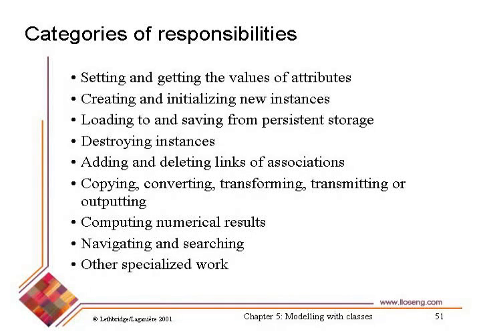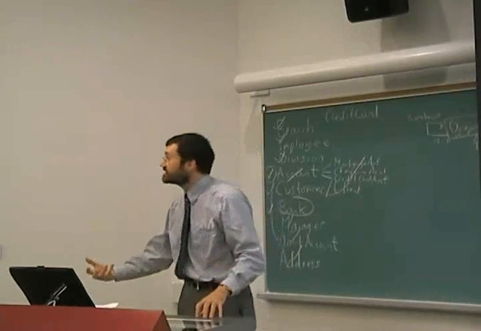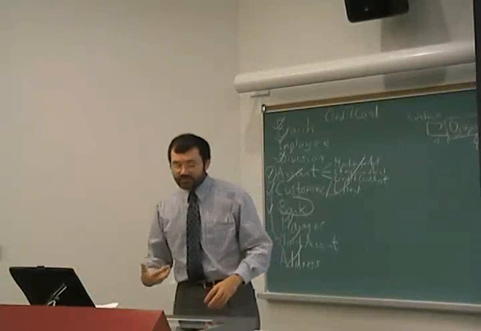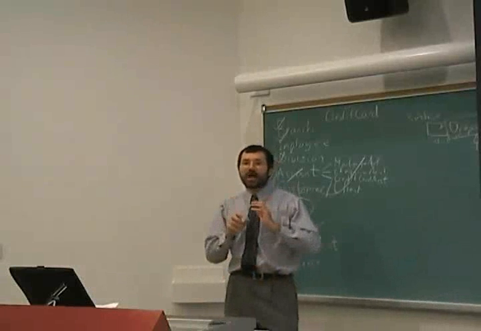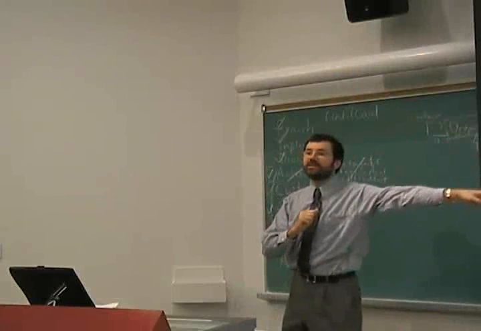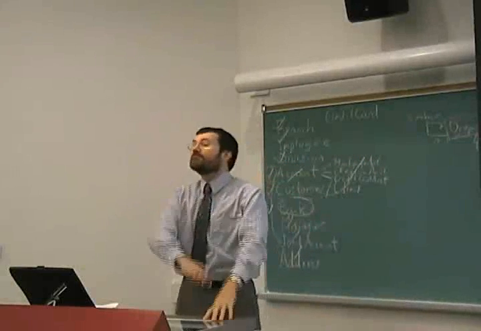Then there's creating and initializing new instances. Obviously the constructor of a class is going to be involved in that, and we might very well map some of the responsibilities to constructors explicitly. But we might also have operations in one class that call and create a related object in another class. So I might, for example, have a method in passenger that says make booking.